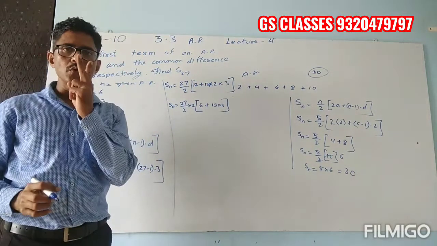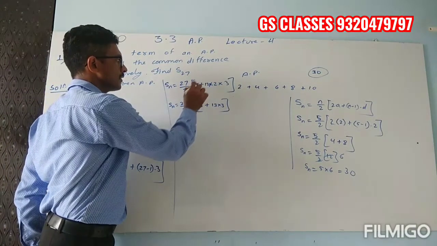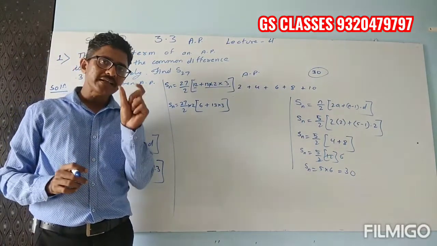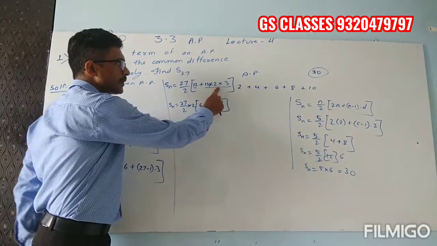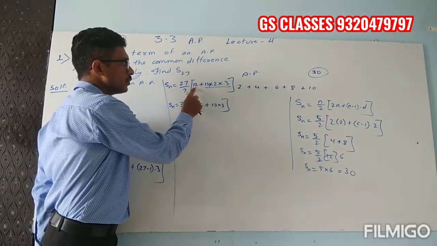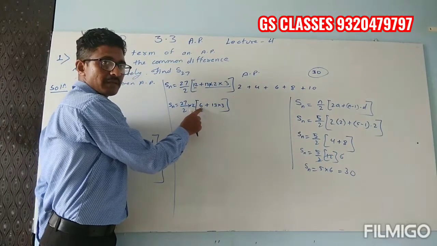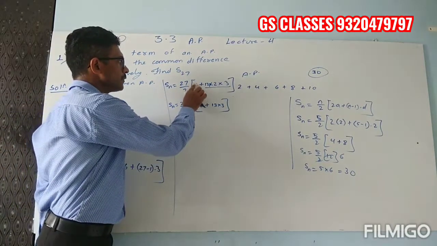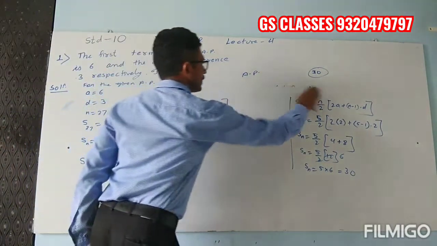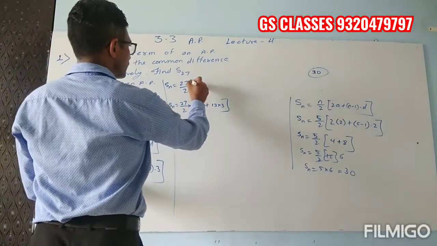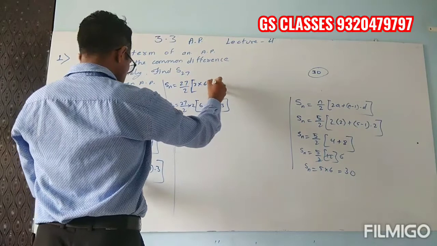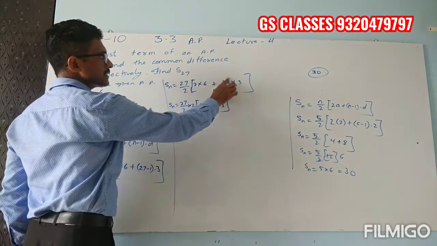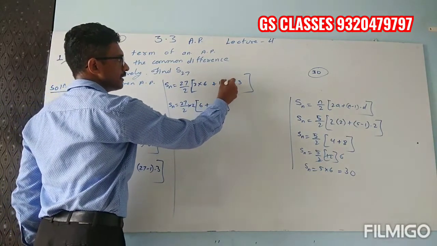Now we are having here 2 terms, first and the second. When we take common, we take out the same number from here as well as from here. From 12, 2 has gone, now 6 is remaining. From here 2 has gone, 13 and 3 is remaining. I will show you in detail. Here I was having 2 into 6. Here I was having 26 into 3. Now this 26 I am writing as 13 into 2.